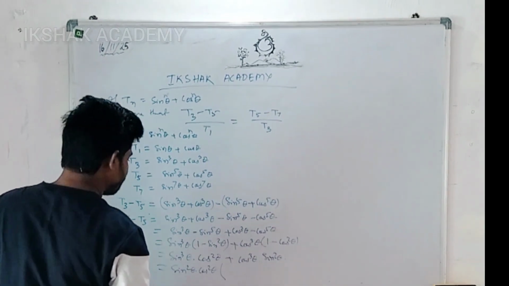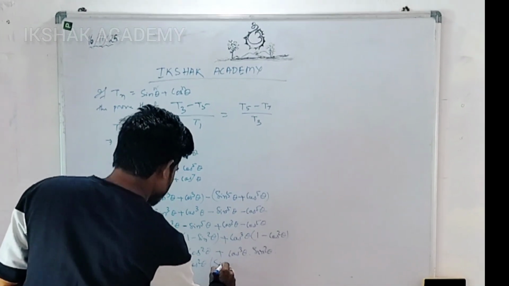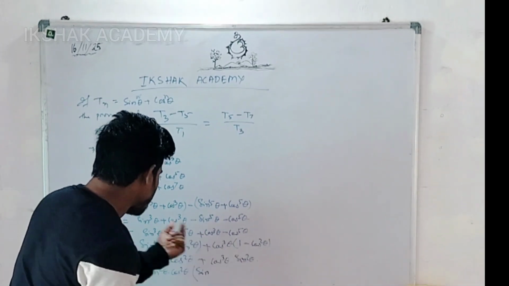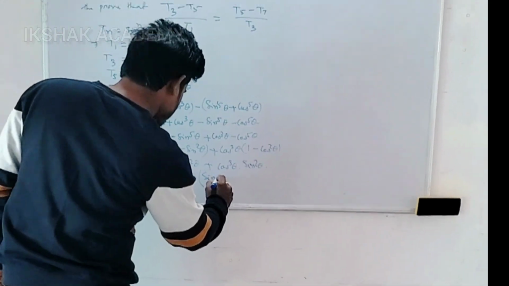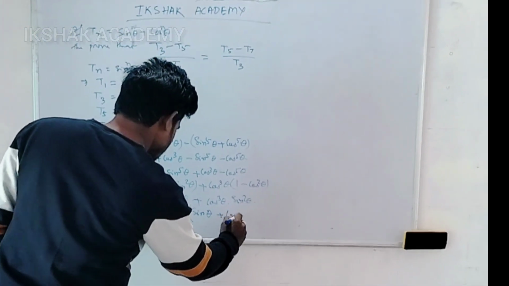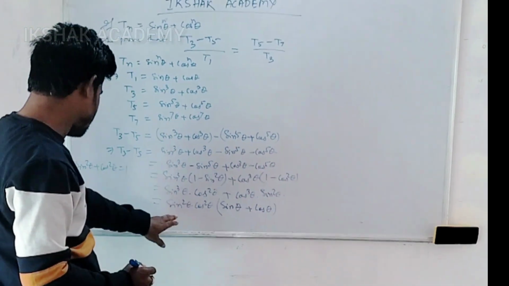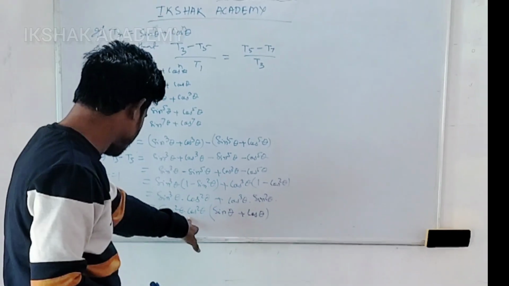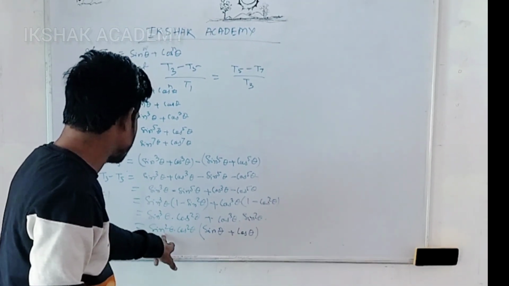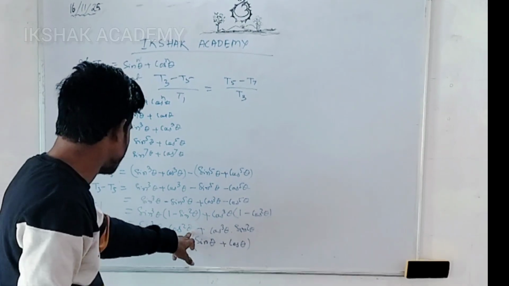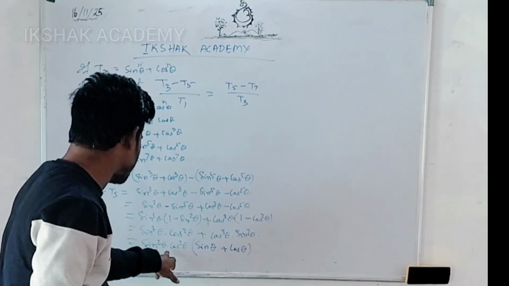So here sin square theta and cos square theta are common. Then here is sin theta plus cos theta. Let's look at this line. That is sin square theta into cos square theta, sin square theta into cos square theta. That is sin square theta into sin cube theta into cos square theta, plus sin square theta and cos cube theta.